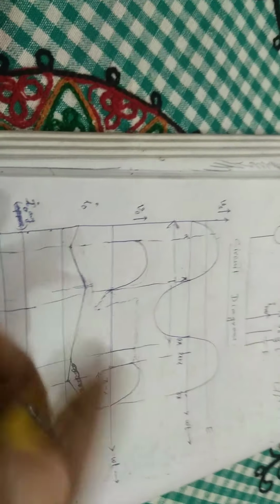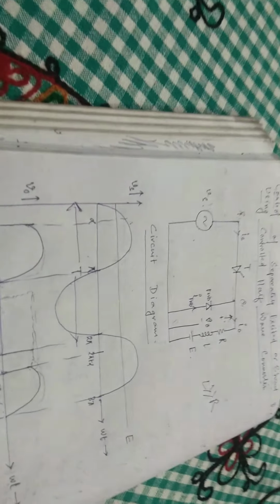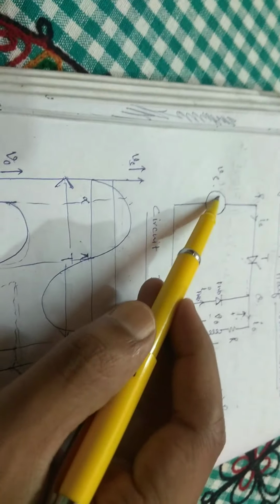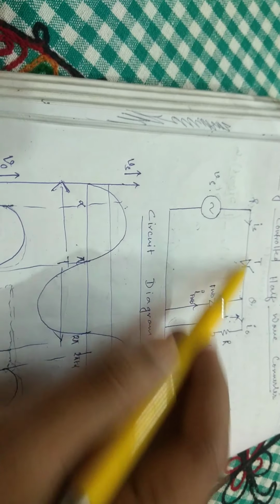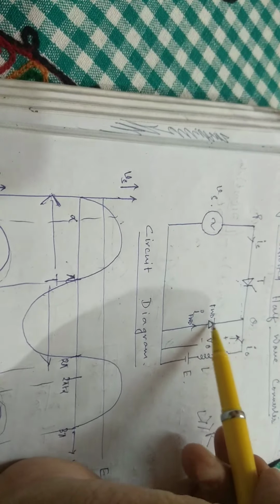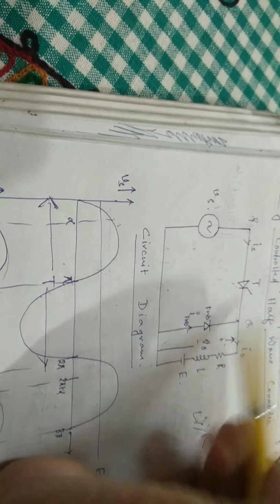The next is the output current waveform. As we trigger this thyristor, the current IS flows from the AC supply, and the freewheeling diode does not conduct.